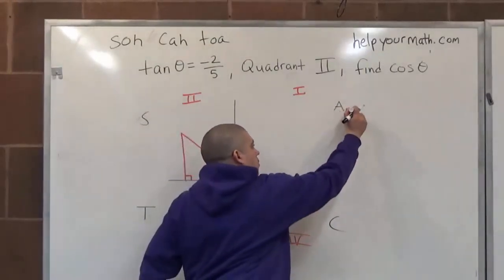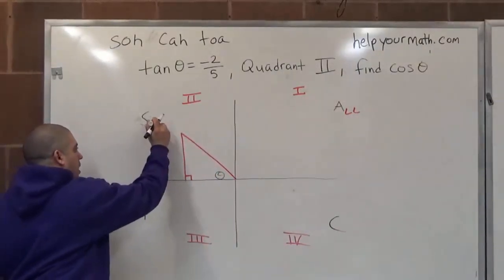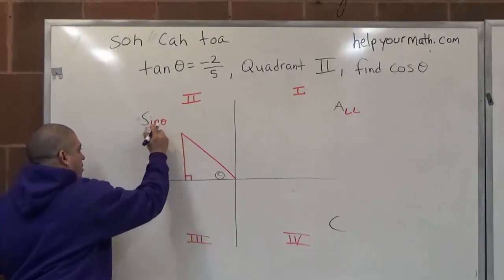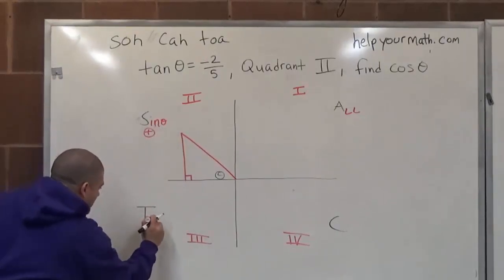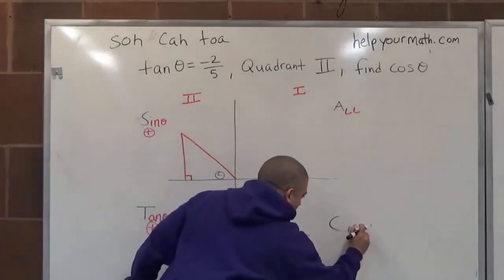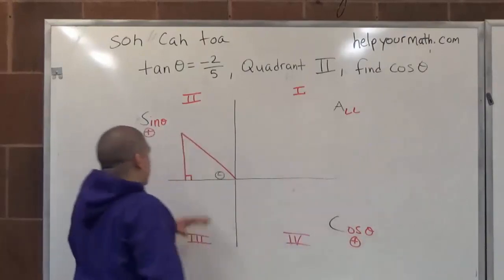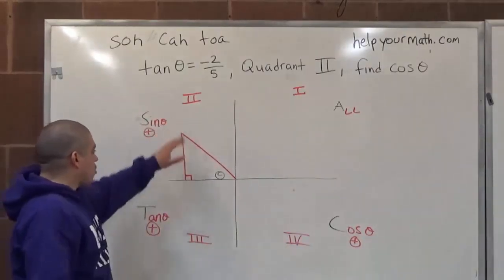Over here, only the sine of an angle is positive. Over here, only the tangent of an angle is positive. And over here, only the cosine of an angle is positive. That's due to which quadrant the angle ends up in.